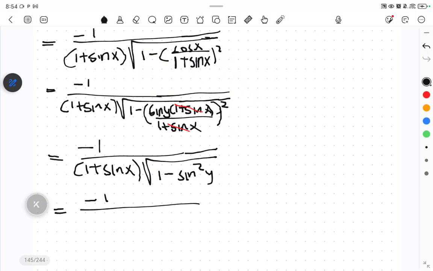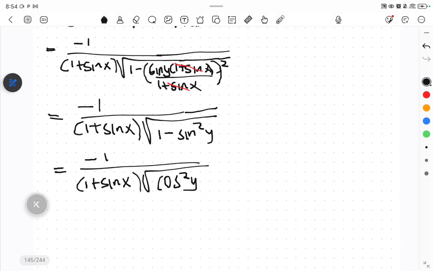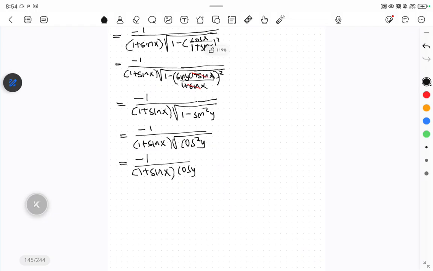So this will be 1 plus sin x, then the root would cancel, and we would have 1 plus sin x cos y. You see, right?